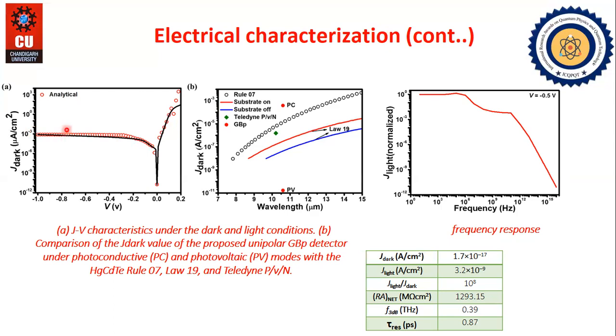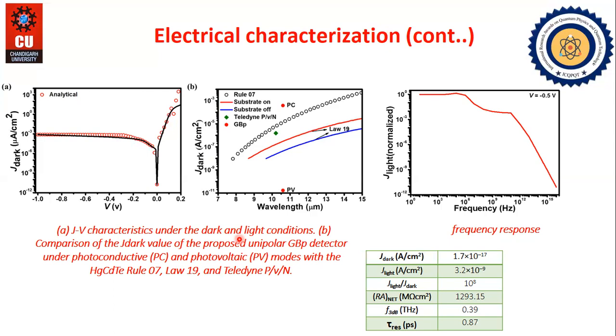Bilayer graphene, in contrast, has broadband transparency of around 95% in the IR region, which allows light to penetrate in the detector. Therefore, a much higher light current density is found as compared to the dark current density in the proposed detector.